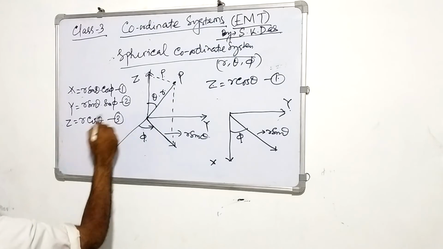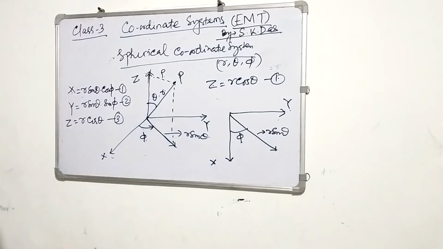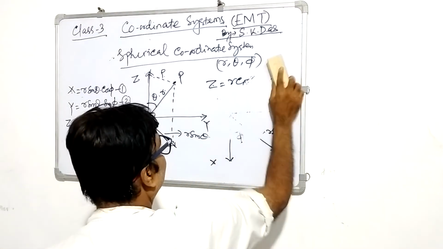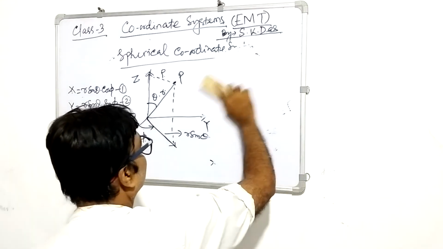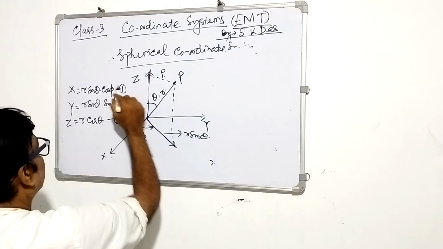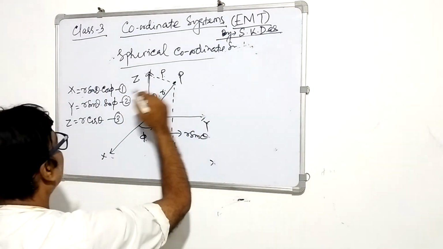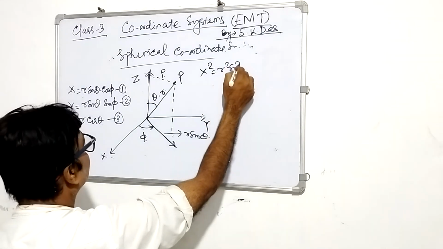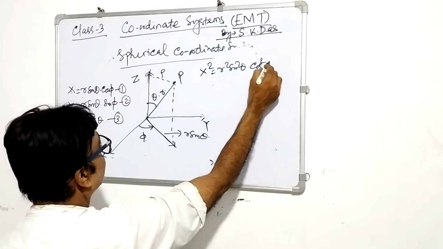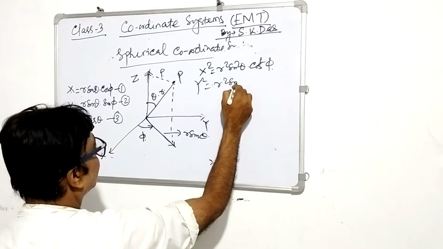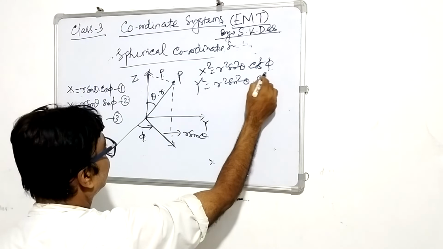These are the three equations to determine the values of x, y and z in terms of r, theta and phi. Now let us square these equations and add. Squaring the first equation, x squared is equal to r squared sin squared theta cos squared phi. y squared is r squared sin squared theta sin squared phi.